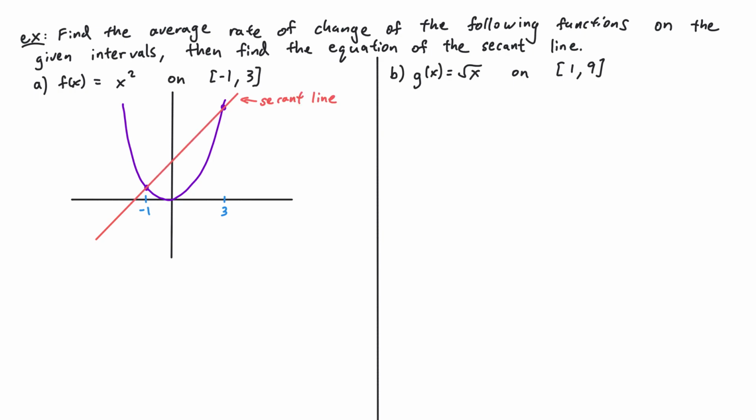From our previous page, we learned that the average rate is given by the formula f of b minus f of a divided by b minus a, where a and b are the endpoints of our interval. So in this case, a is -1 and b is 3.